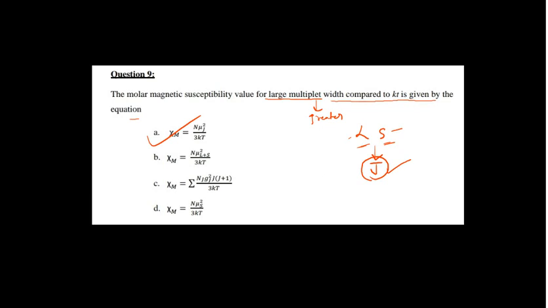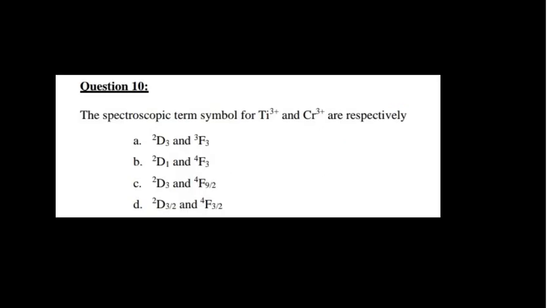Now moving to the next problem. The spectroscopic term symbols for titanium 3 positive ion and chromium 3 positive ion. See guys, this problem, I can see this is titanium 3 positive, and this titanium 3 positive simply means it's a 3d1 system.